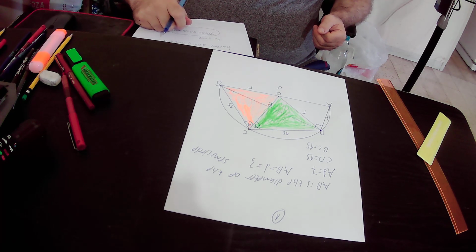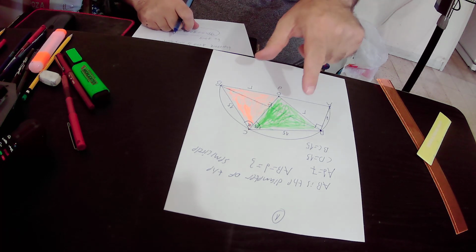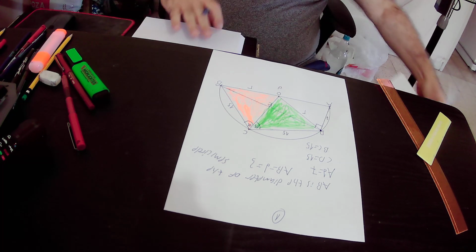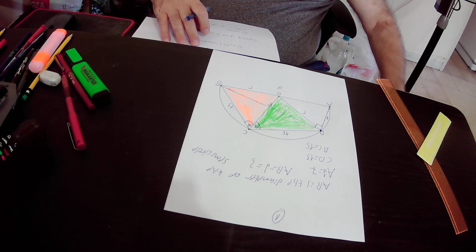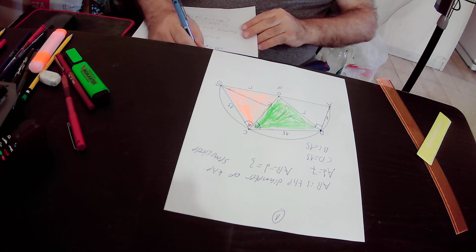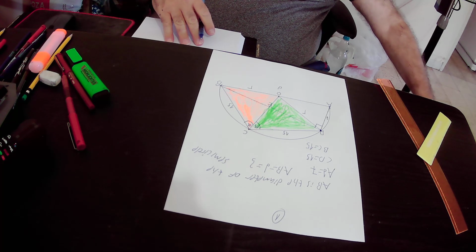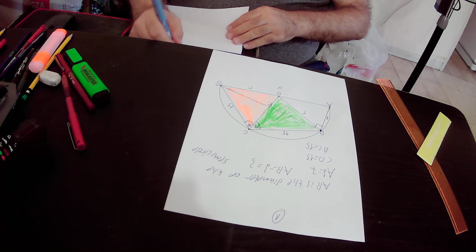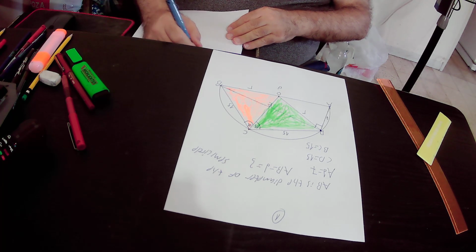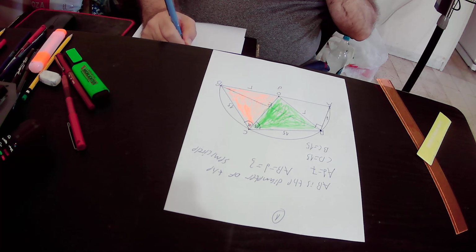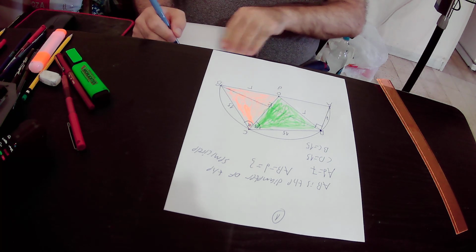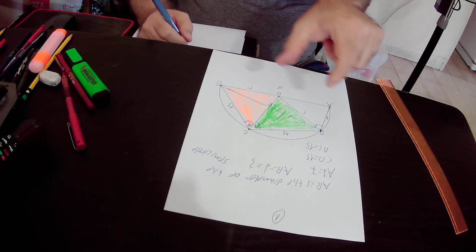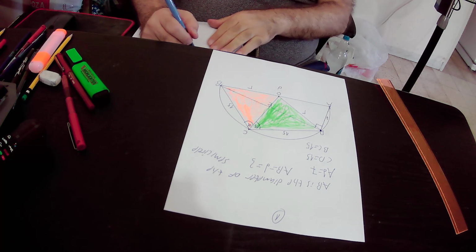And we will focus on triangle DCB. On triangle DCB, DC equals CB equals 15 units.